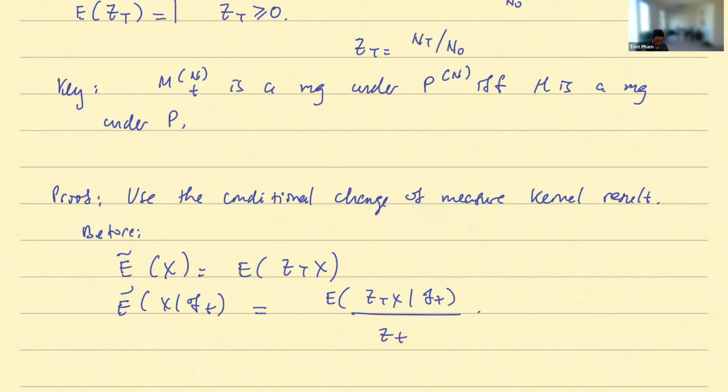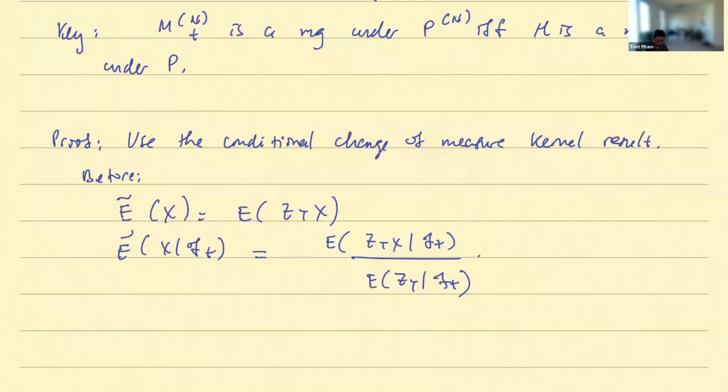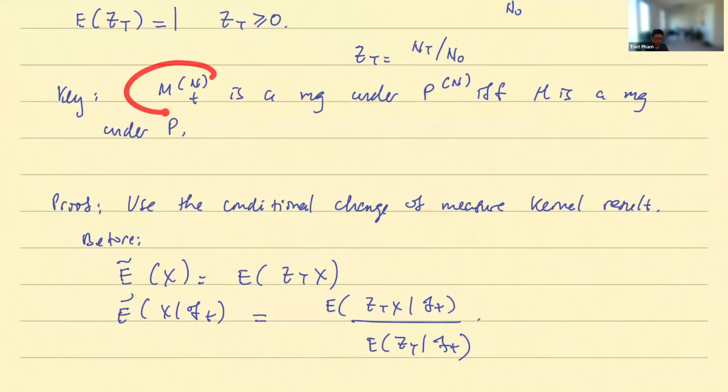I mean, well, it should be this, but we know Z is a martingale, so. What we got here? We want to get this to be a martingale. So you mean in the lecture, in the context?